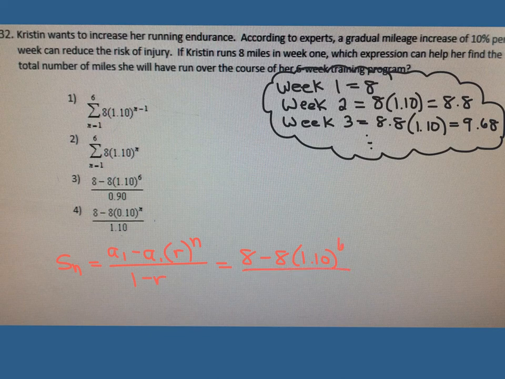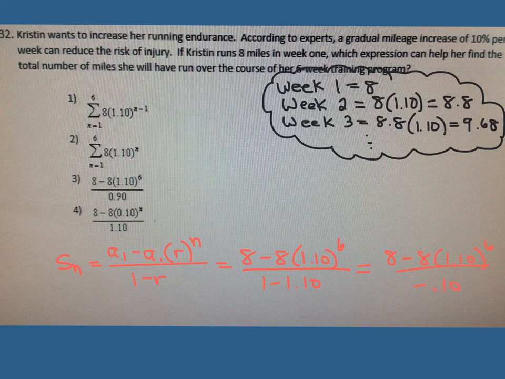And then over 1 minus the rate, which is 1.10. You could either leave it like that, or you could write 8 minus 8 times 1.10 to the 6th power, over 1 minus 1.10, which would just be negative 0.10.